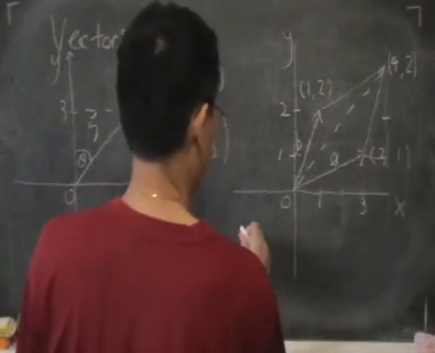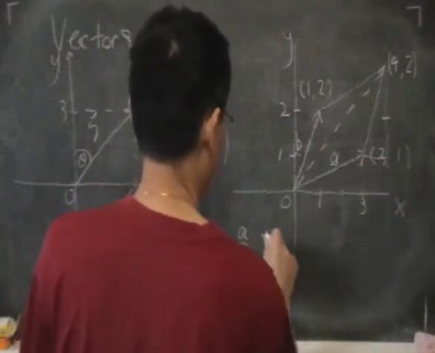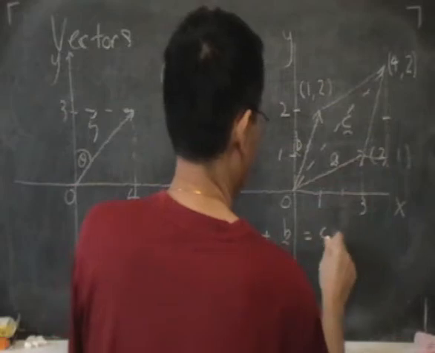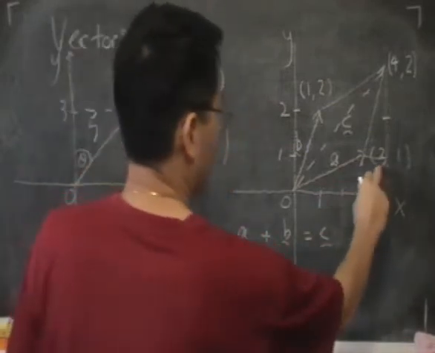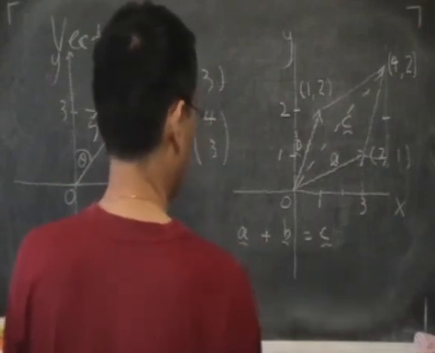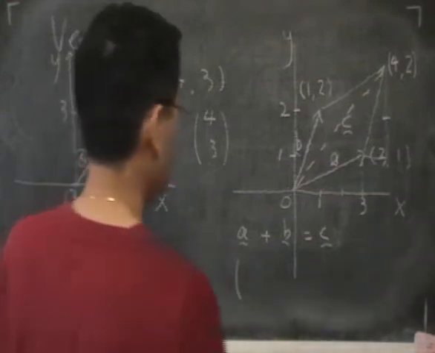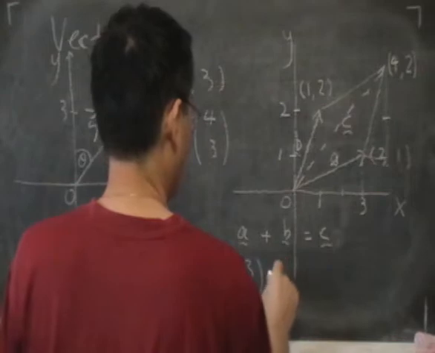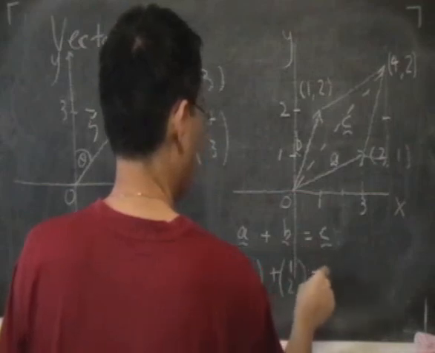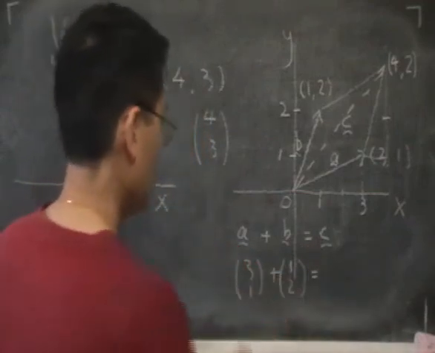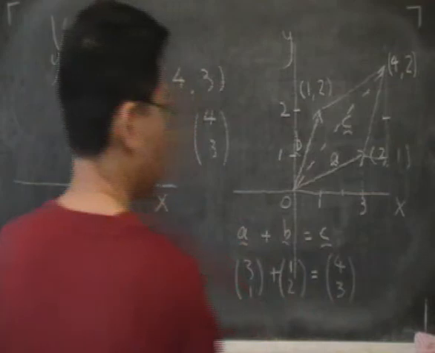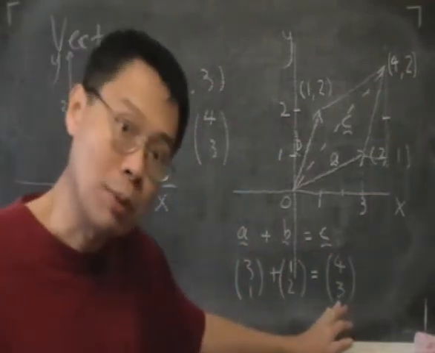If I want to find A plus B to get my answer, which I'll call C, the resultant vector, I can do it by writing A in column vector form, which is 3, 1, and B, which is 1, 2, and I can simply add the x values, 3 plus 1, get 4, and the y values 1 plus 2 to get 3, and that would be my resultant.